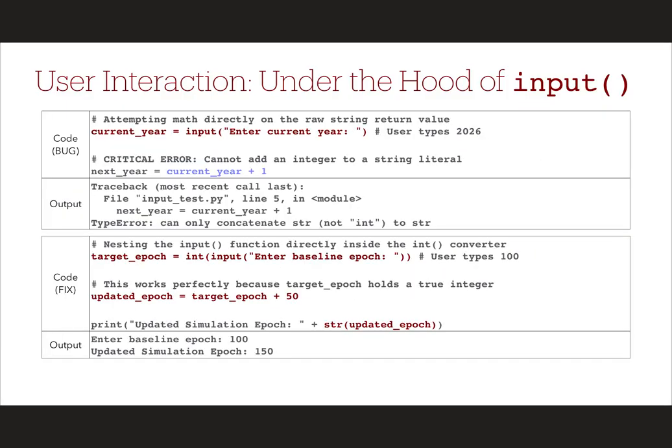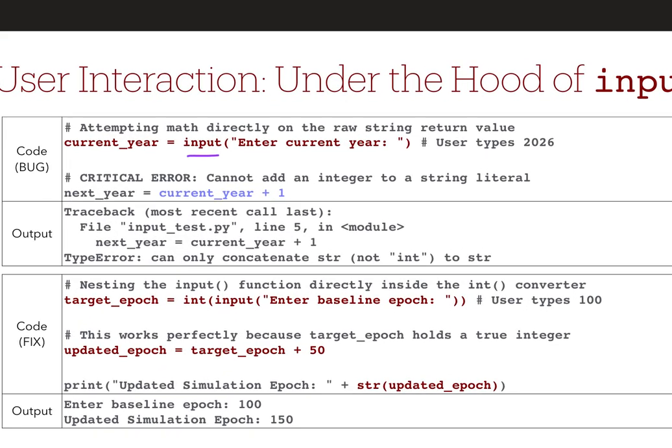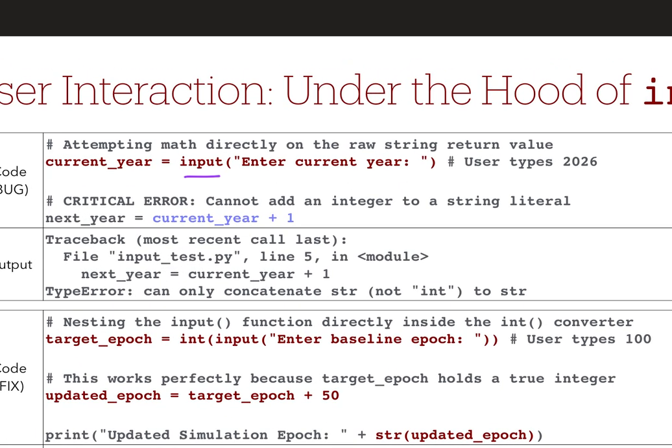So in case of the input function, if you want to call this input function, probably you need to provide a certain prompt so that the user can provide appropriate information.